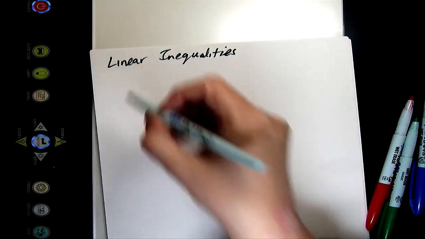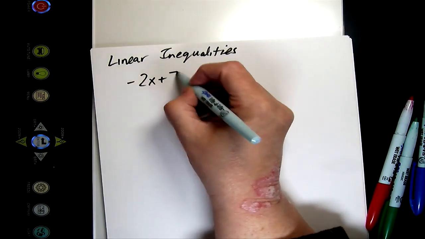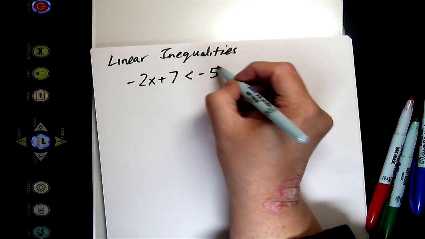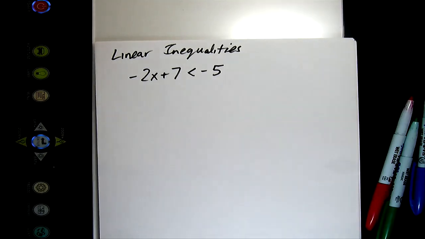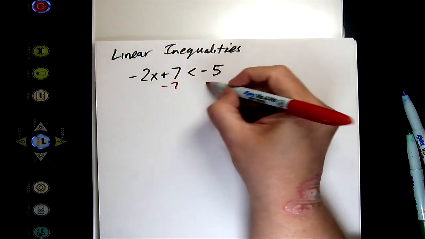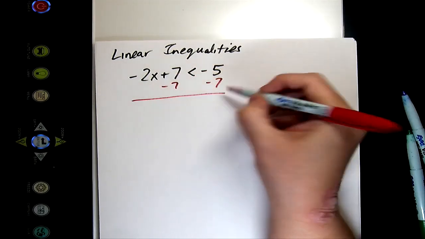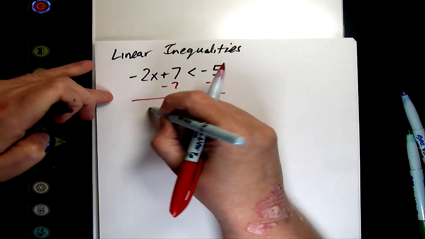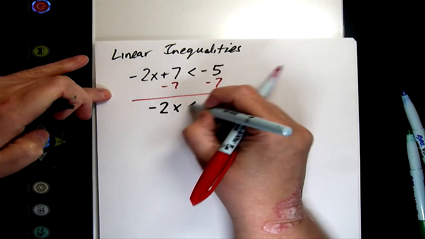Like negative 2x plus 7 is less than negative 5. I can add or subtract without flipping the inequality. So I can subtract 7 from both sides, and it does not flip the inequality. I've got negative 2x is less than negative 12.